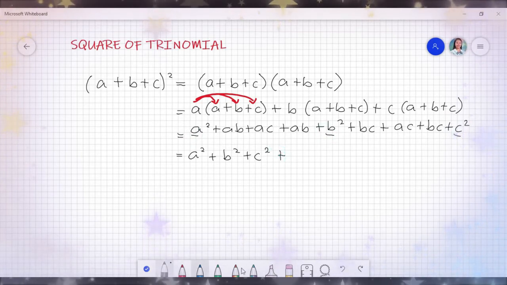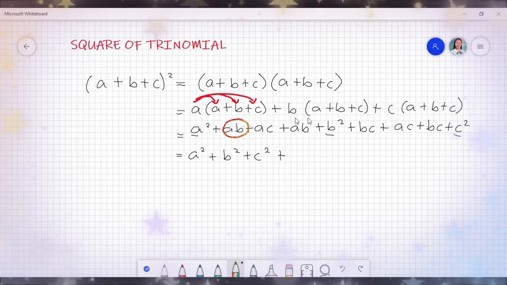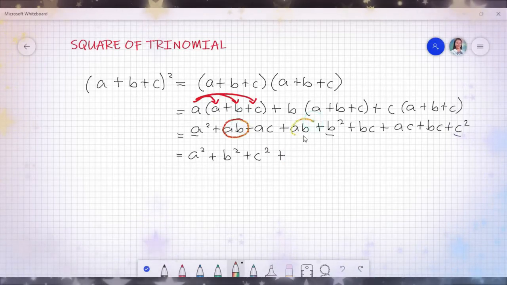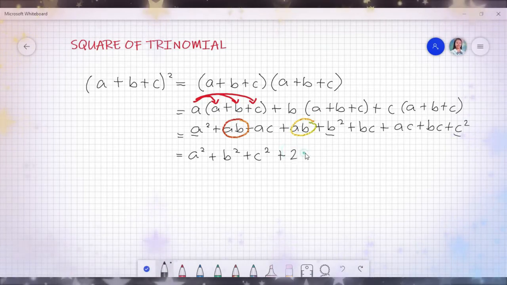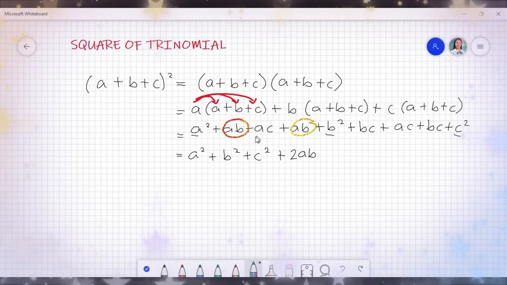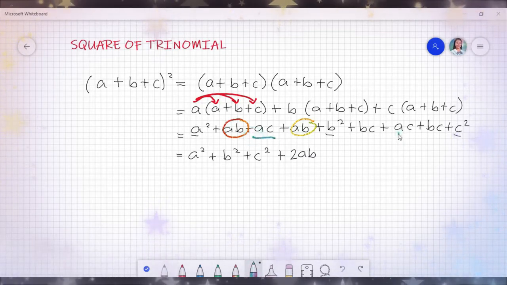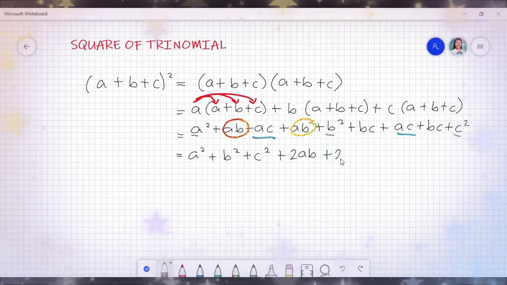We're going to combine ab and ab here. So there are two ab, so it will become 2ab. Another one, we're going to combine ac and another ac here, so it will become 2ac.